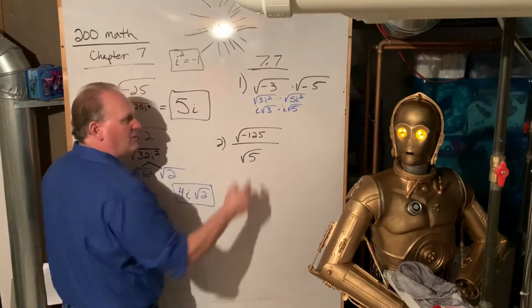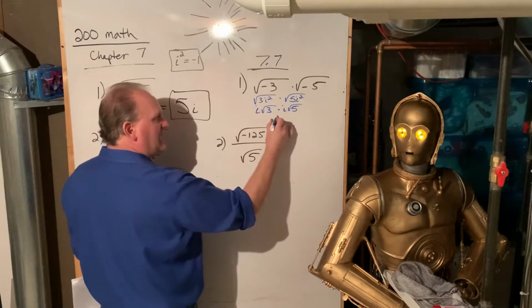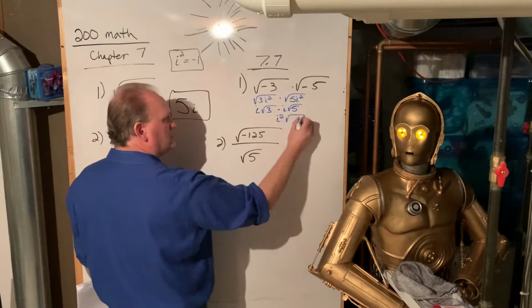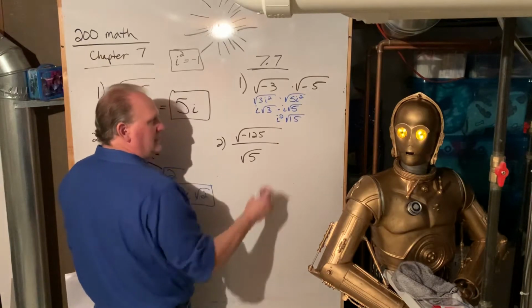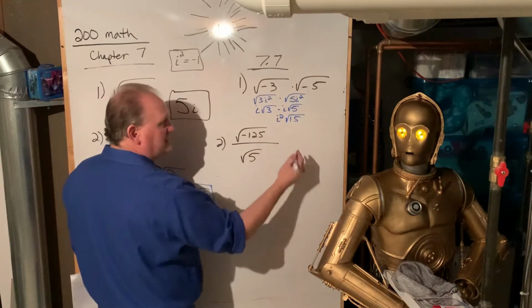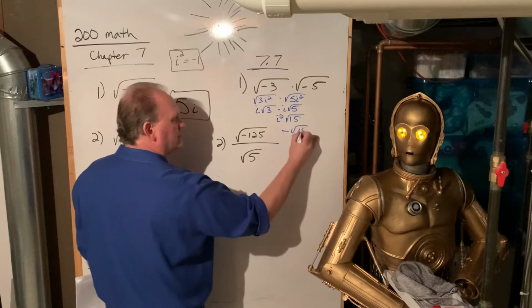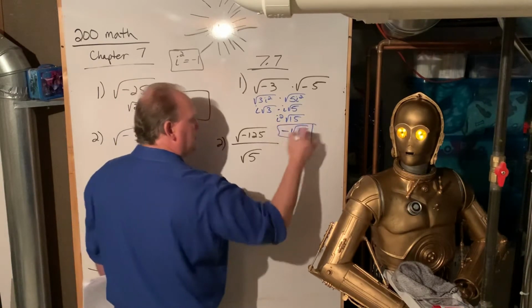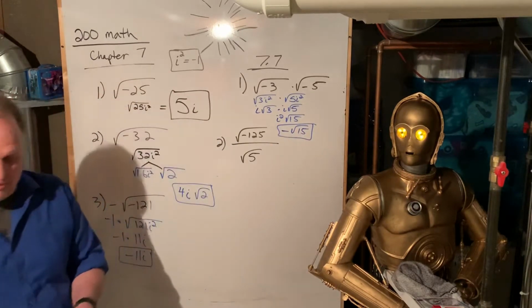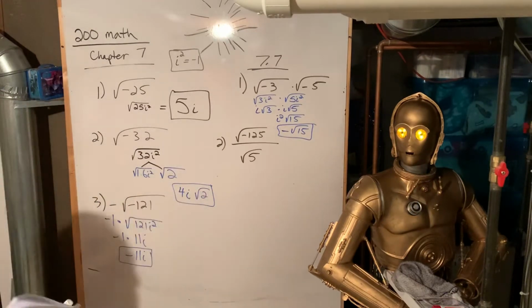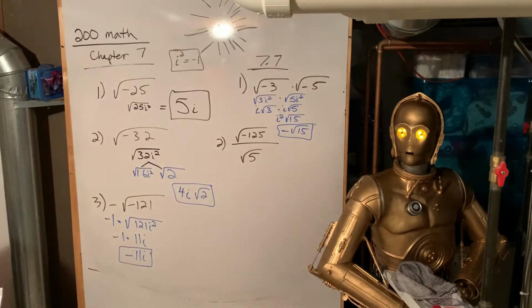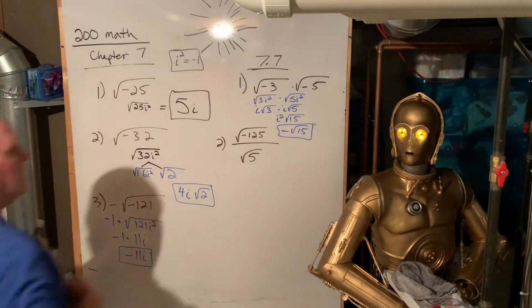And so now i times i is i squared, square root of 15. And then i squared is -1. So this is the correct answer to that problem, not just the square root of 15. The square root of 15 is a common error that people make a lot of times, so careful not to do that.